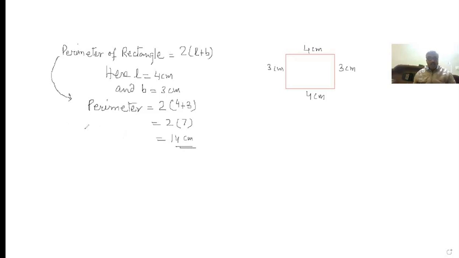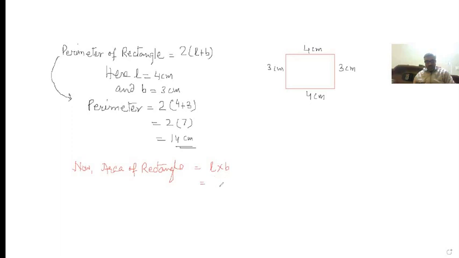If we want to find out the area of this figure, we can find it easily. We know that the area of a rectangle is equal to length into breadth.